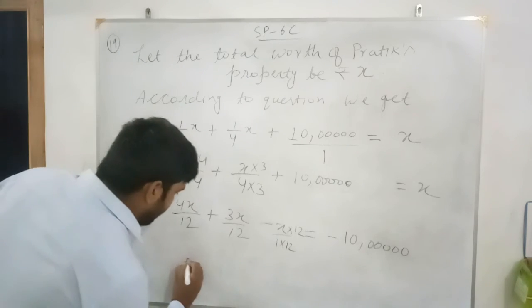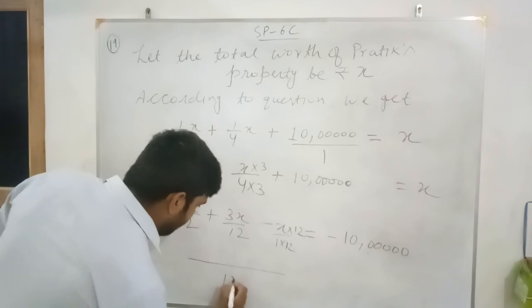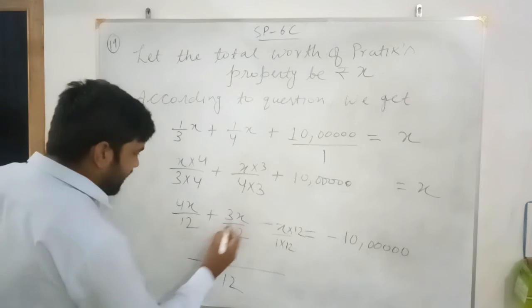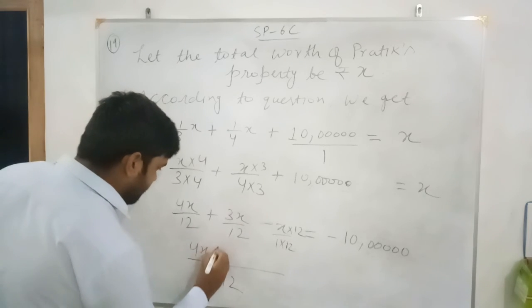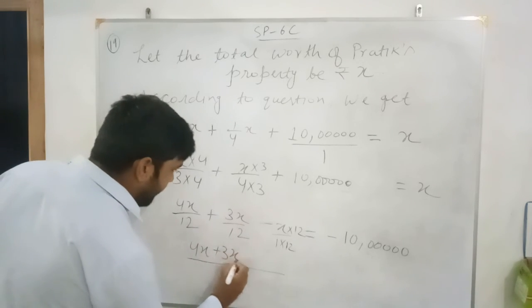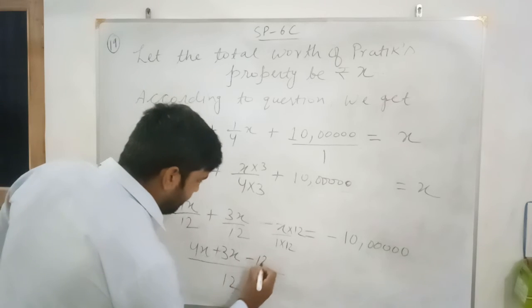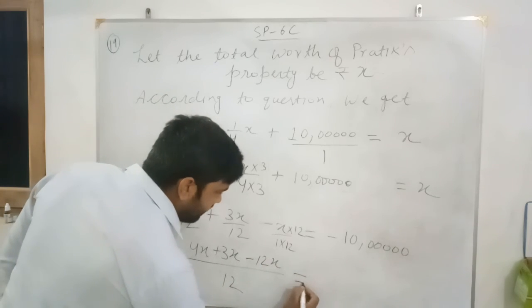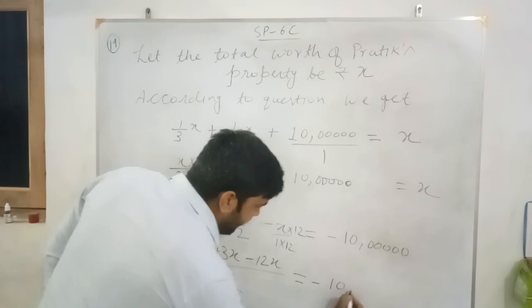So take the denominator common, that is 12, and add all the numerators: 4x plus 3x minus 12x equals minus 10 lakh.